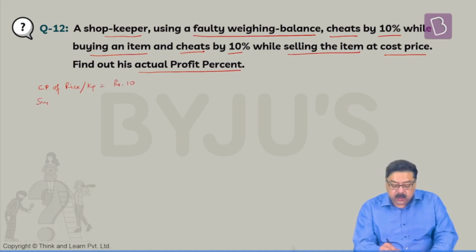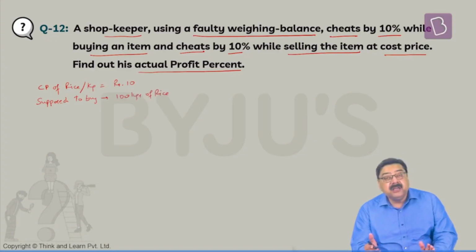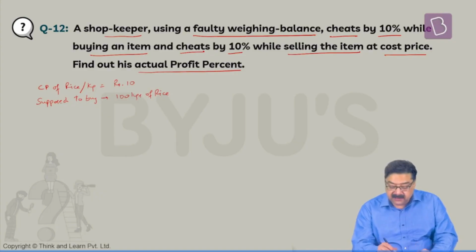Now he was supposed to buy 100 kgs of rice, but he is using a faulty weighing balance and he cheats by 10% and buys how much? 110 kg of rice for rupees 1000.